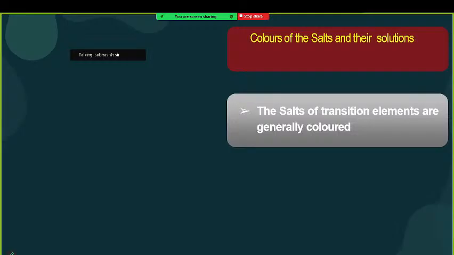There are some exceptions, but generally they are colored, like salts of copper, ferrous, ferric, chromium, manganese, cobalt or nickel. These are transition elements, and their salts are generally colored, and in solution they also impart some sort of color.